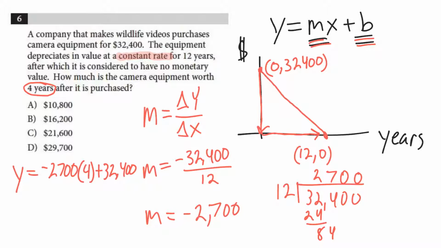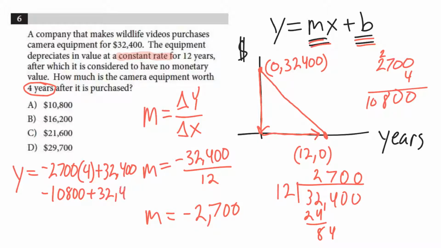Okay, so 2,700 times 4 is 10,800. So it's going to depreciate by 10,800, and that's going to be out of 32,400.